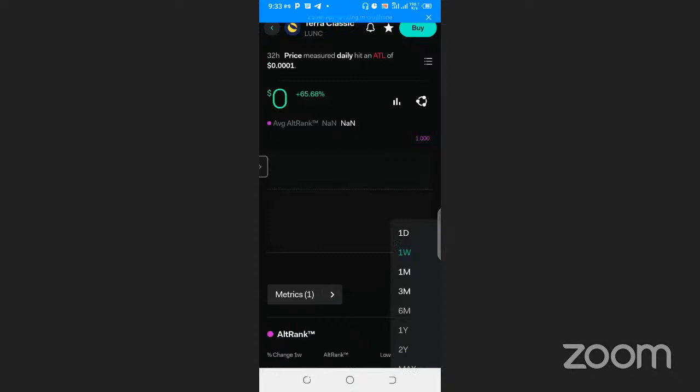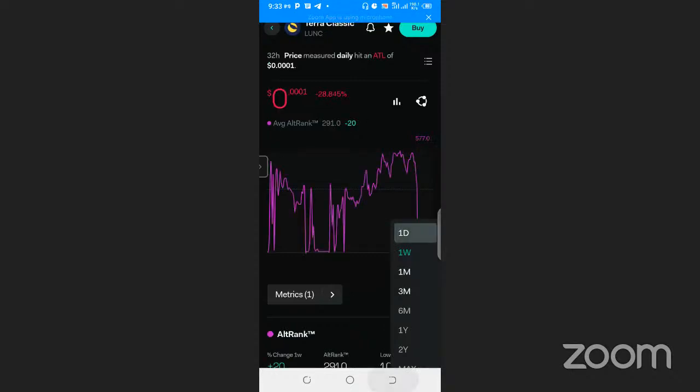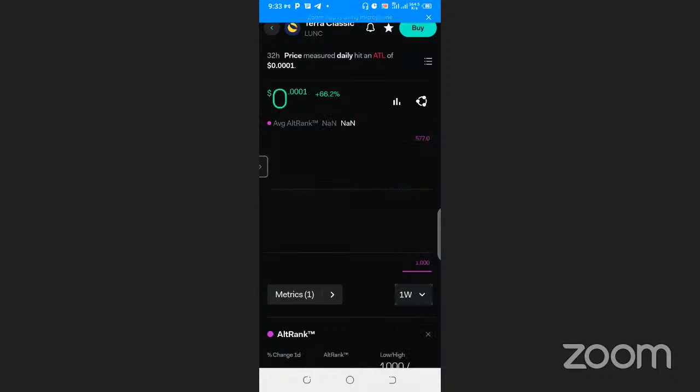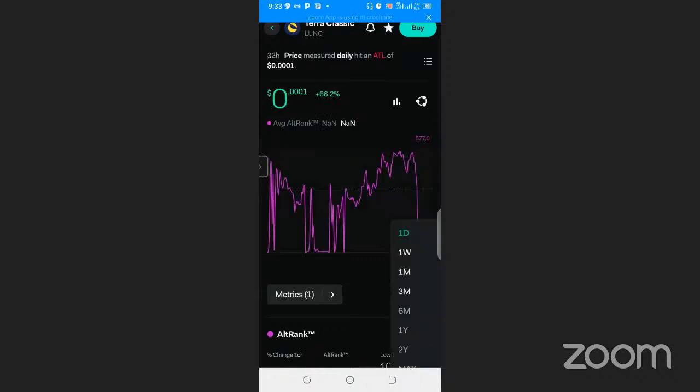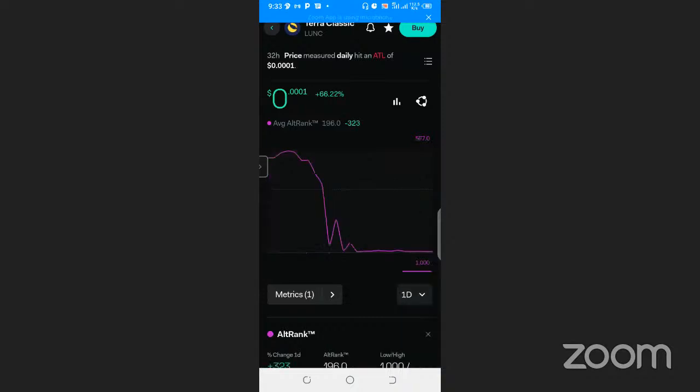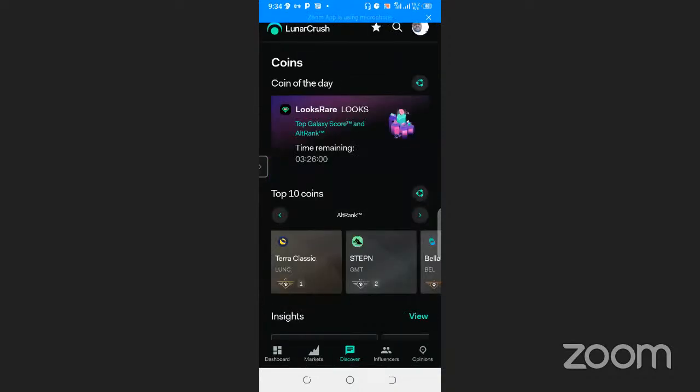That is Terra Luna. Okay, now, but we don't have it in Royal Q. Am I correct? We don't have it in Royal Q. So what do we do? So sorry, my phone is hanging. Okay.